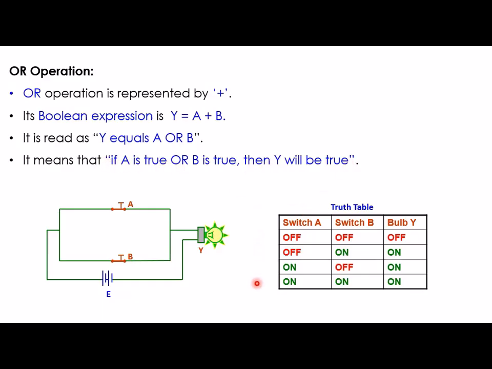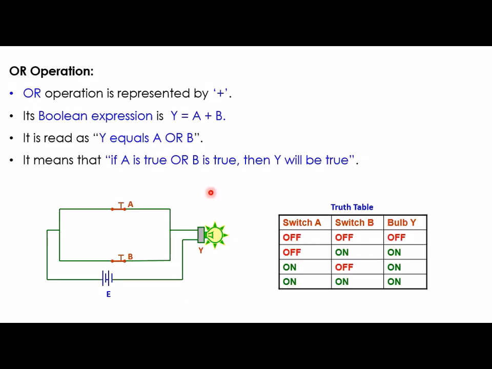So a table of values which justify or explain a logical statement is called a truth table. So this circuit is representing the OR operation, which is nothing but, what is the OR operation? If A is true or B is true, then Y will be true.